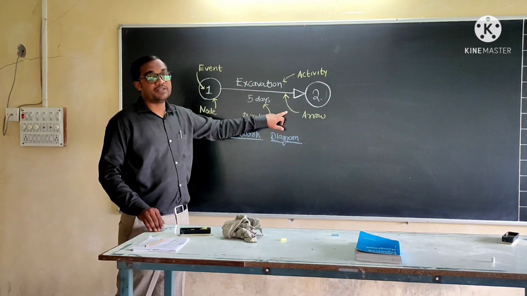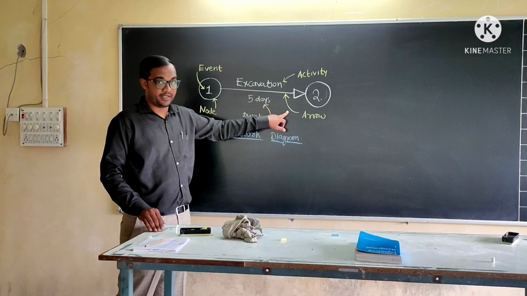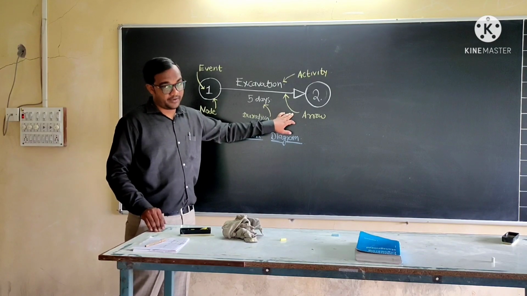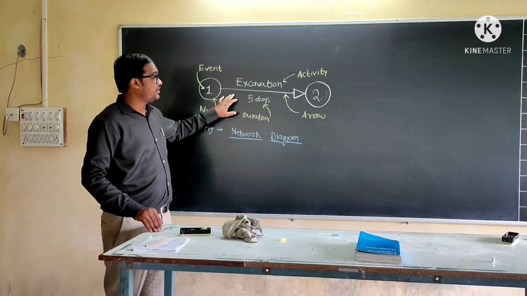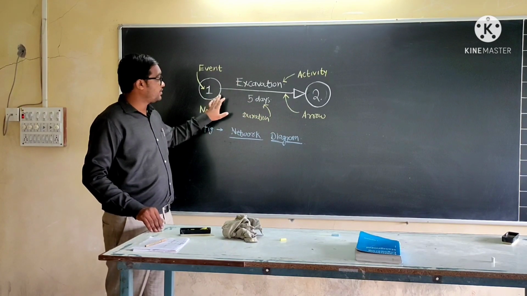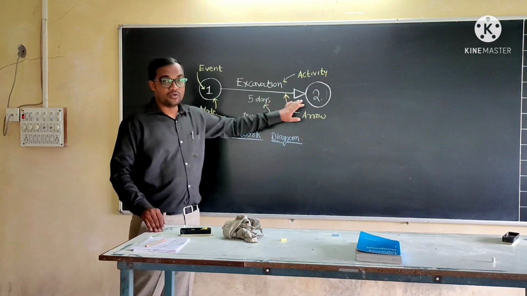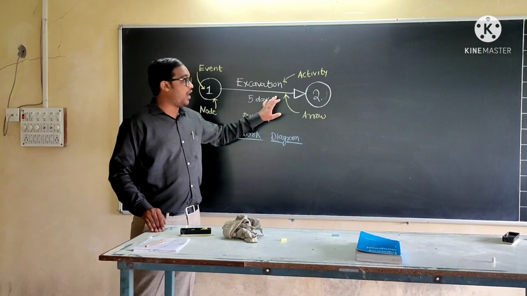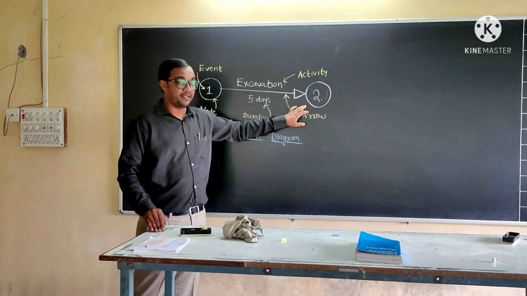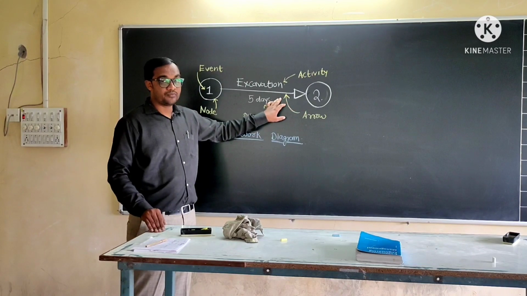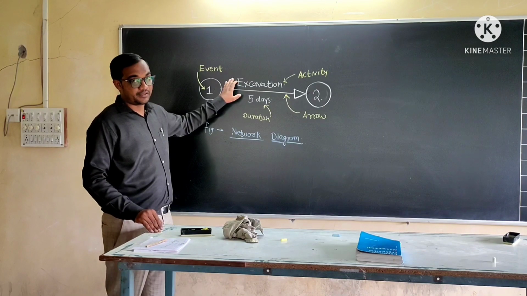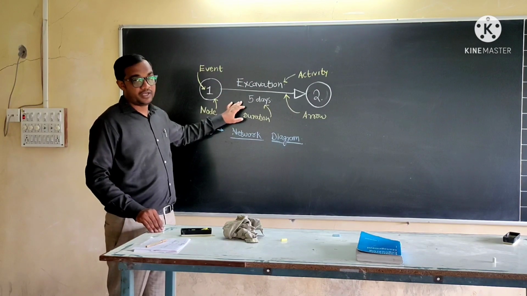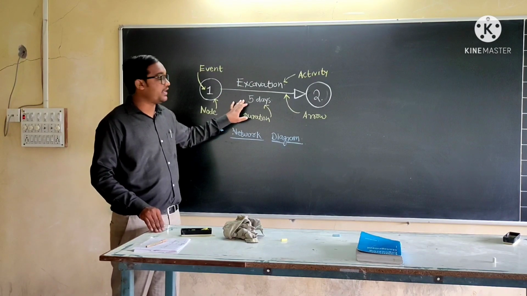The arrow shows the completion of an activity, the progress of an activity, or the sequence of activities. For example, the activity excavation starts and moves towards the next activity. The arrow shows the progress of activity. Above the arrow, the name of the activity is written, and below it, the duration required to complete that activity is written.